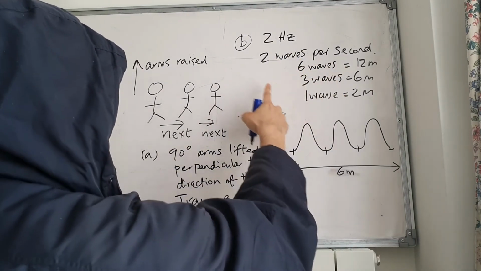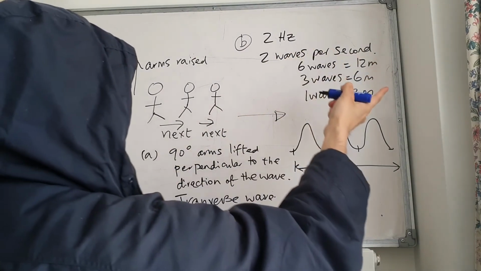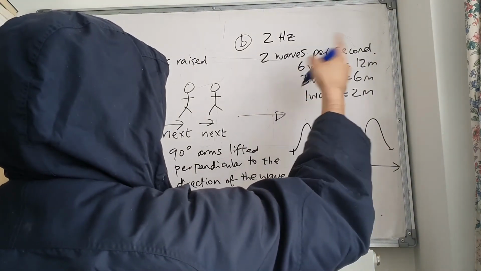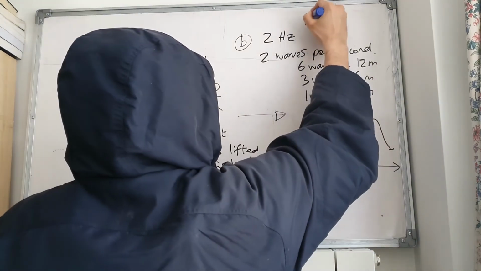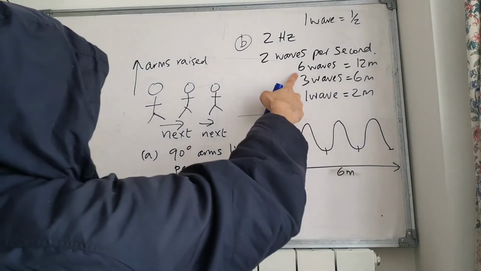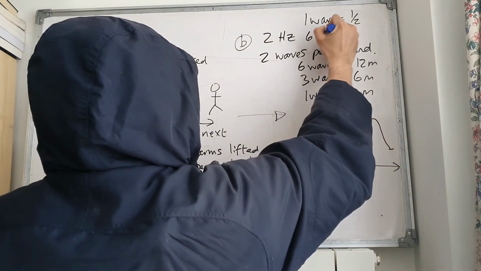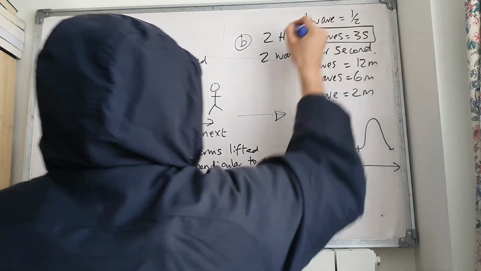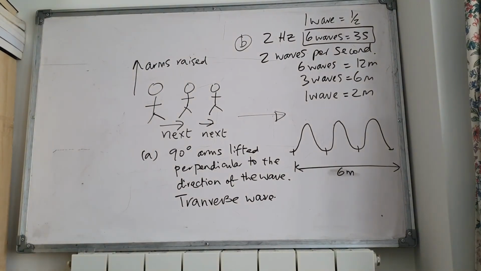So 1 wave takes half a second, and you've got 6 waves. So 6 waves is equal to 3 seconds. So that's the answer. 6 waves equals 3 seconds.